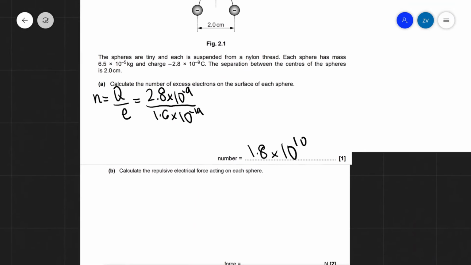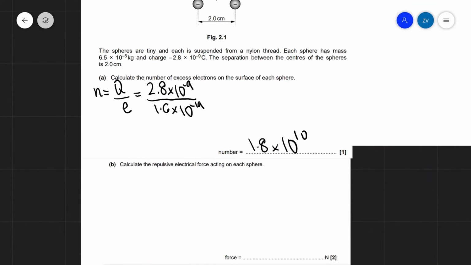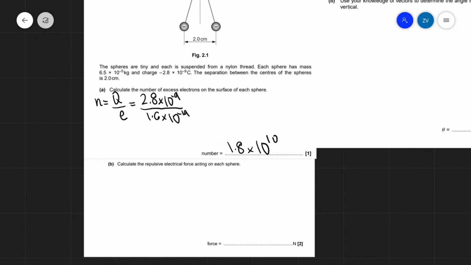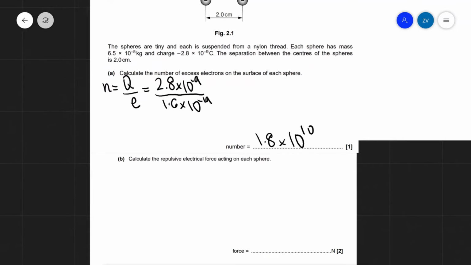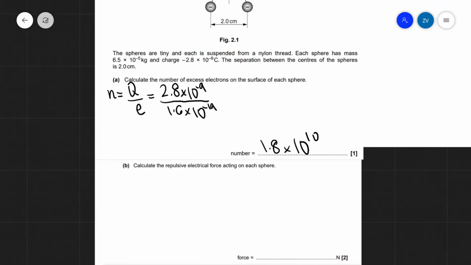Calculate the repulsive electrical force acting on this sphere. Because we're given the distance between the two charges as well, 2 centimeters, we can calculate this directly using Coulomb's law. So the electrical force is going to be given by the product of the charges. So our equation is QQ over 4 pi epsilon naught r squared.